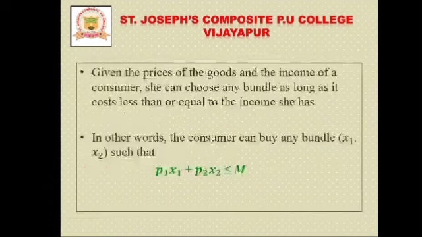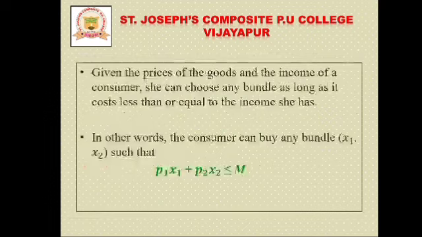That means, given the prices of goods X1 and X2, she can go for the two commodities, or the bundle of commodities, whichever costs less than or equal to her income. So either she can go for the first commodity or the second commodity, which is less than or equal to her income.